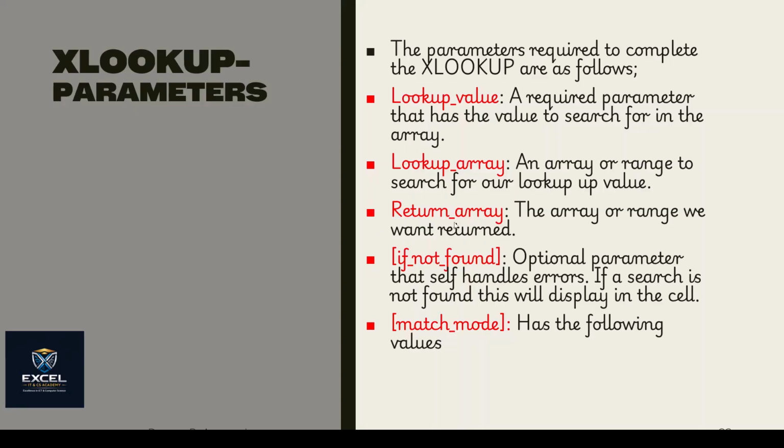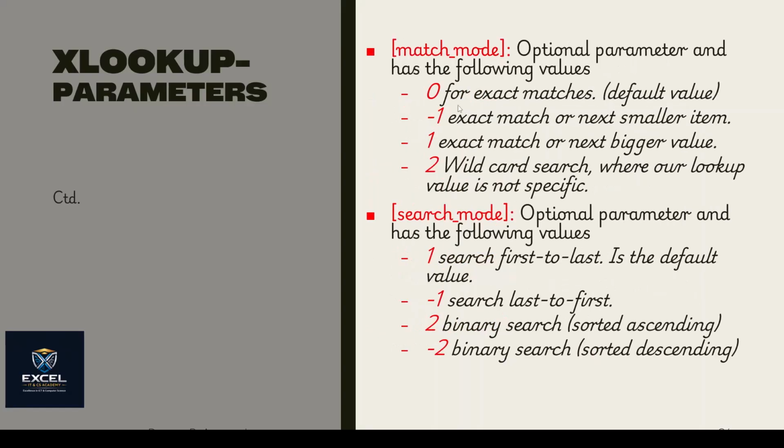But XLOOKUP can do so by itself. The match mode has the following values. 0 for the exact match, -1 for exact match or the next smaller number or item, 1 for exact match or next bigger value, and 2, which is used for wildcard search.